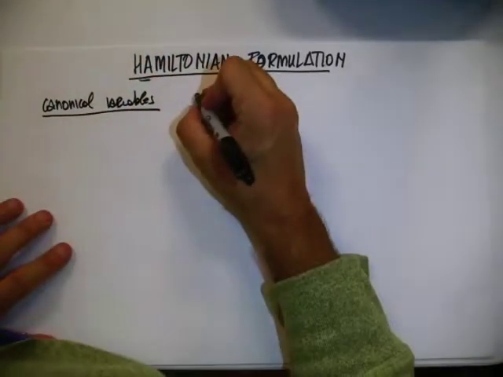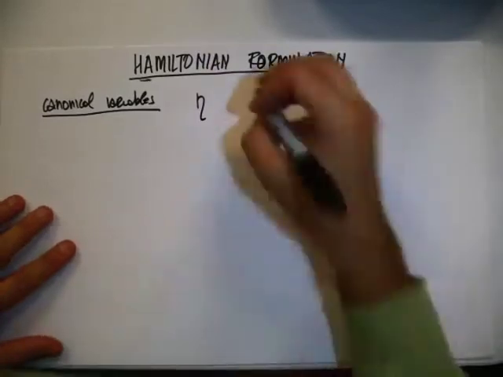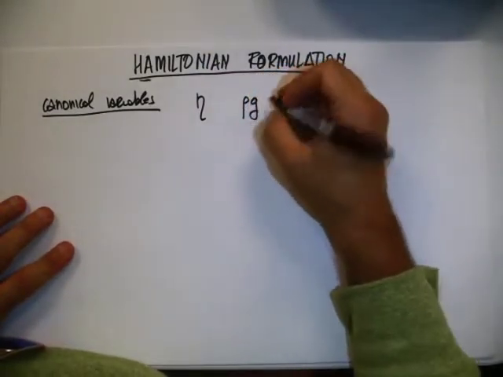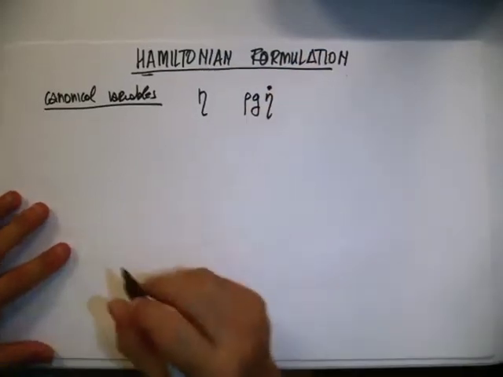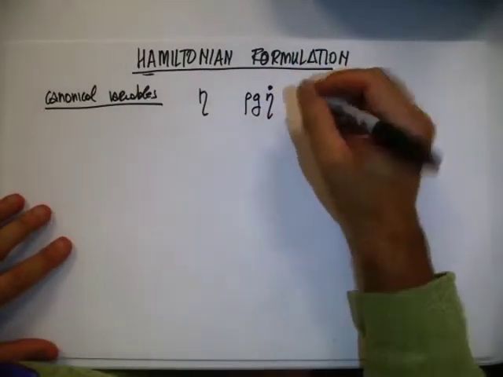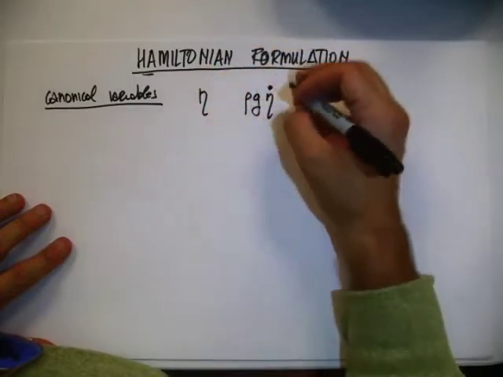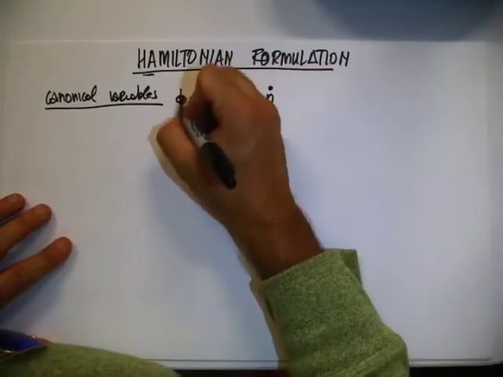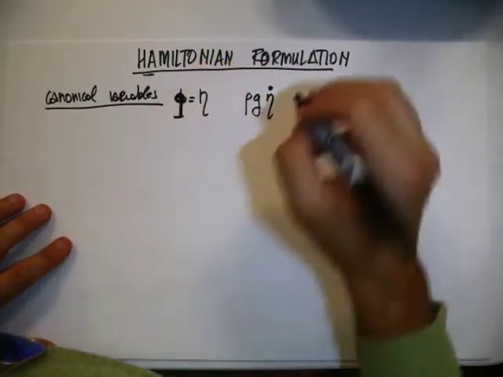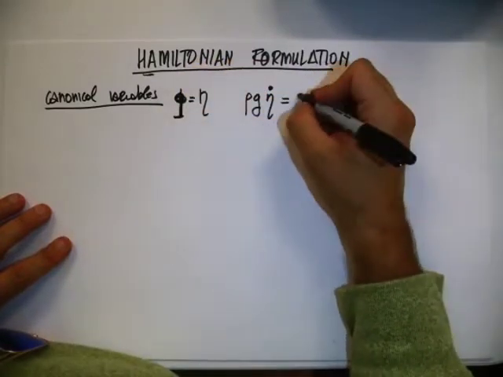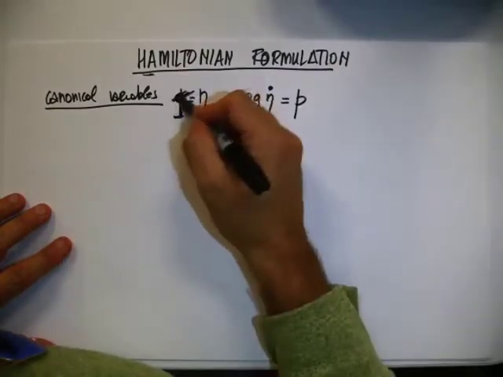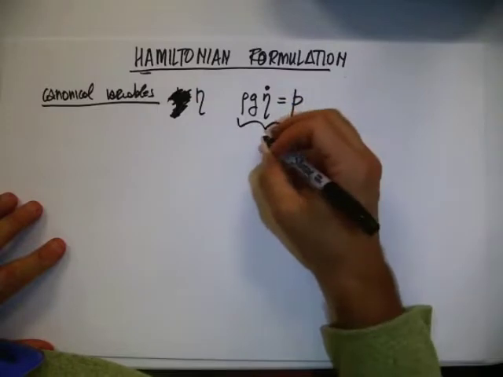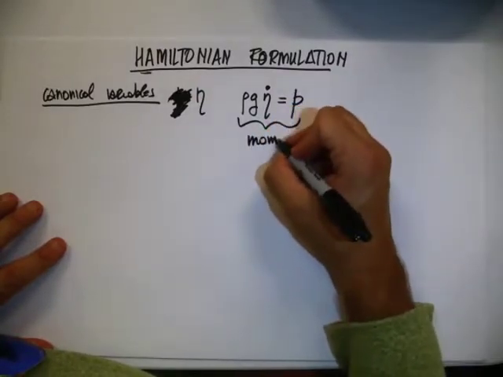In our case, I'm going to take eta and rho g eta dot, which I'm going to call p. So this is q equal eta, and this is going to be p. Okay, so this is the momentum density.